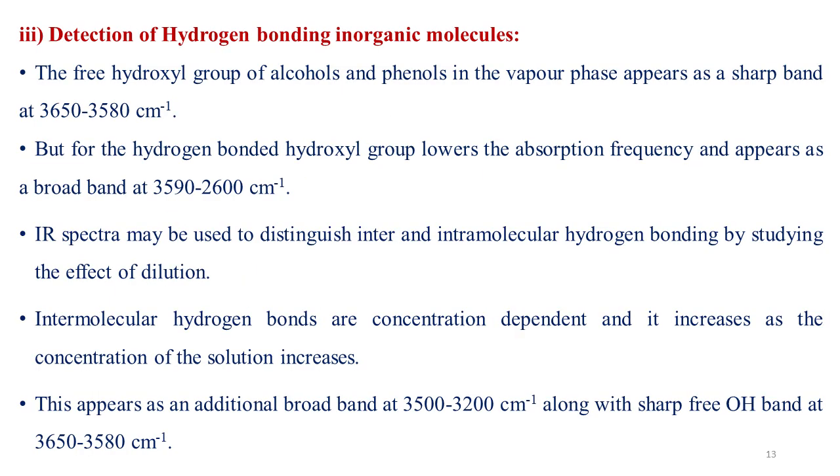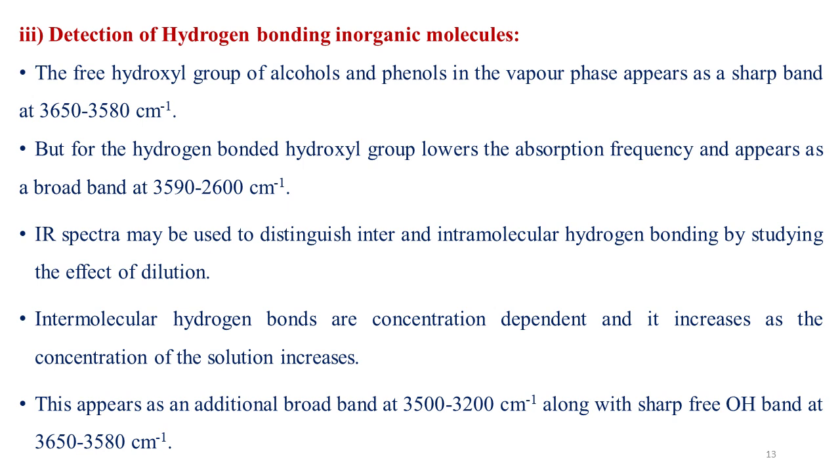The next important application is detection of hydrogen bonding in organic molecules. So the free hydroxyl groups and also the phenols in the vapor phase appear as a sharp band at 3650 to 3580 per centimeter, but the hydrogen bonded OH lowers the absorption frequency and will appear at 3590 to 2600 per centimeter.